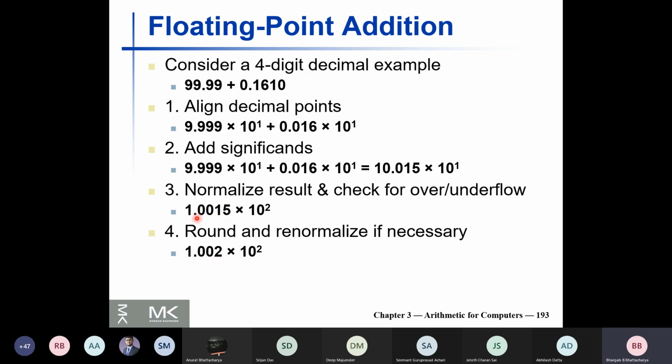But now imagine that in binary, suppose you have these zeros and 1s, and you have something beyond the 23 bits in the mantissa part. And if I round it, say I have 1, 1 here, it means this one is going to be added somewhere, right? And it might so happen that because of that addition, this normalization might be disturbed again. And that's why even after rounding, you may need renormalization if necessary.